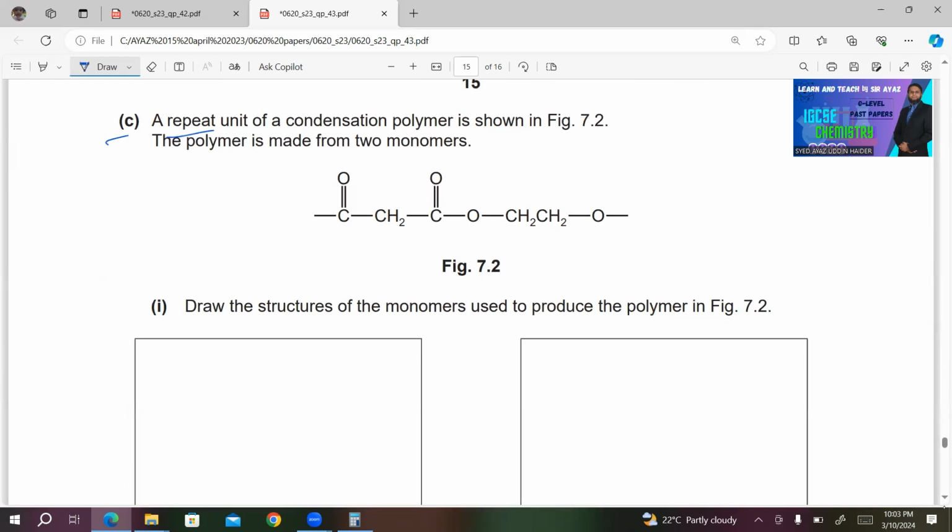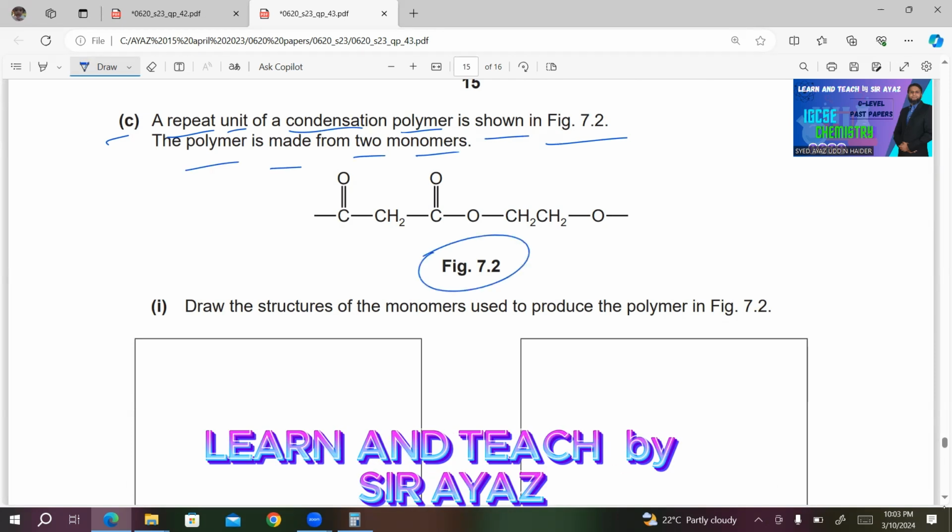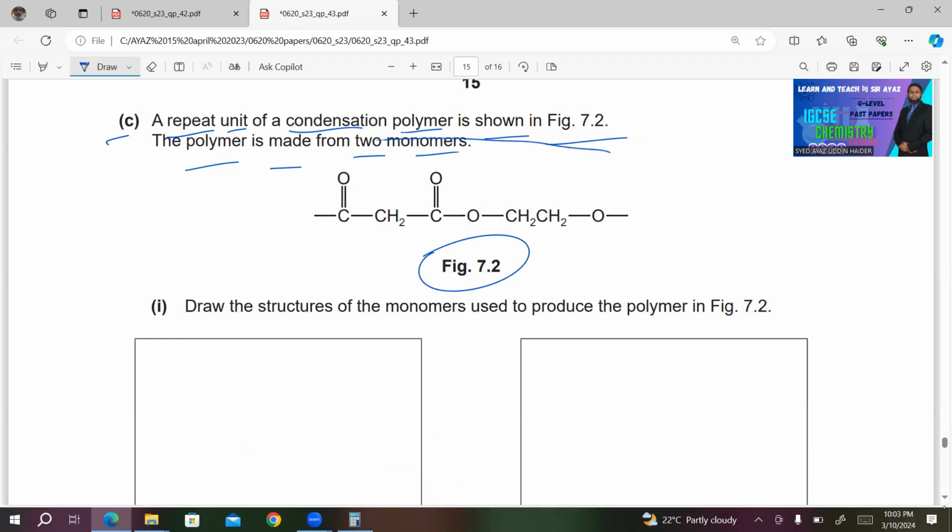C. A repeat unit of a condensation polymer is shown in figure 7.2. The polymer is made from two monomers. This is figure 7.2 and we have the condensation polymer. Number 1, draw the structures of the monomers used to produce the polymer in figure 7.2.